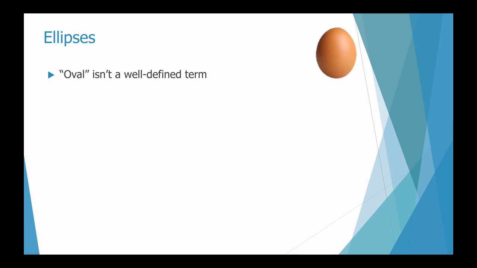So that's really not a good term. An ellipse is a symmetrical shape, meaning it's the same at the top as it is at the bottom, and each side is the same. So it's symmetrical, and that's important.